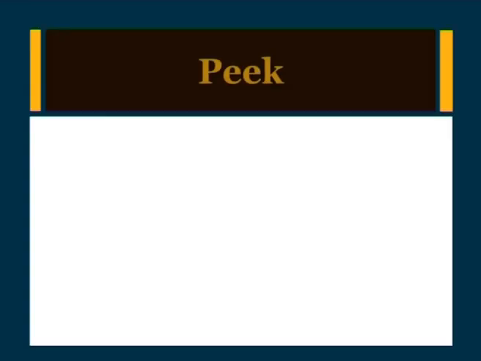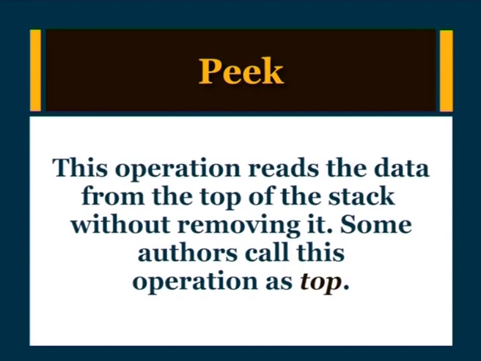In addition, we can define another operation that can be performed on a stack. This operation is peek, which reads the data from the top of the stack without removing it. Some authors also call this operation top.